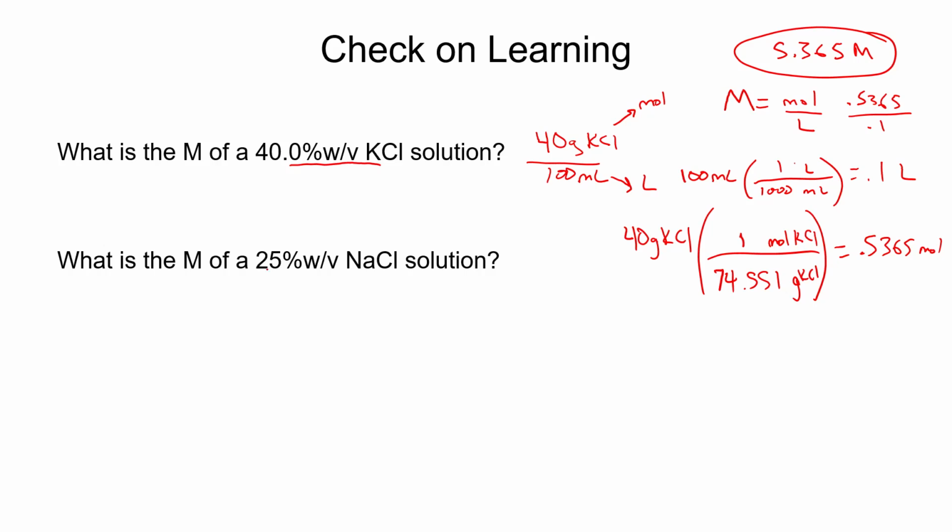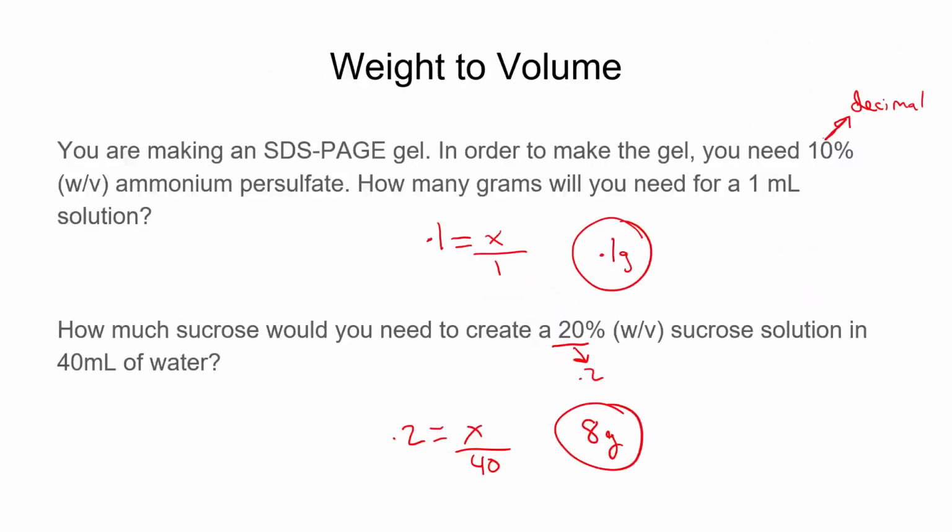Okay, so 25% weight to volume means that we're talking about 25 grams in 100 mils. So first, what we have to do is convert our grams to moles. One mole is equal to the calculated mass from the periodic table.